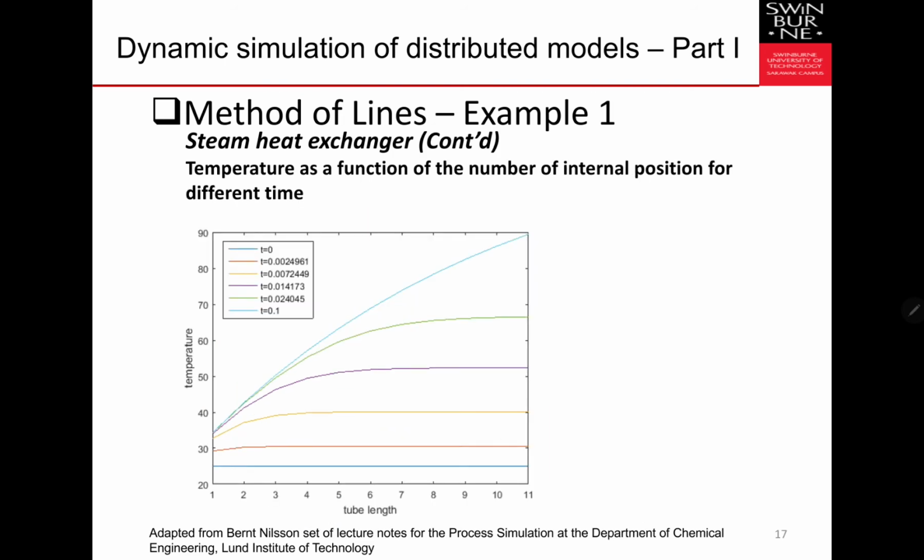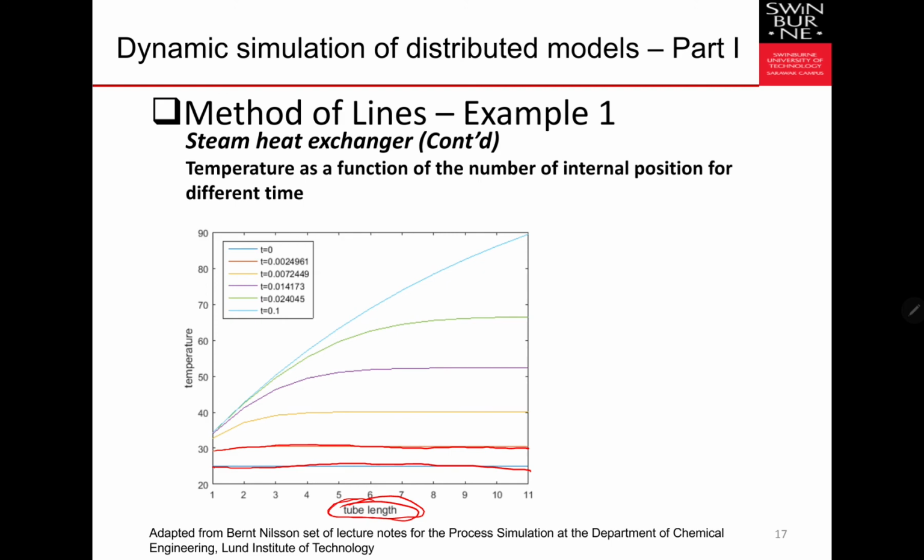Okay, figure 2 in here is a different representation than the previous figure, because this one is plotting the tube length as its axis variable. Okay, so at time equals 0, the temperature will be uniform. Okay, at time equal 0.02, then you notice a slight change.